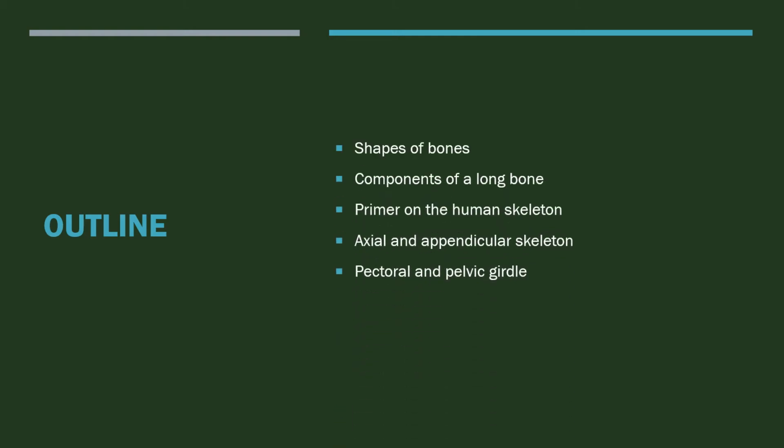We will talk about the shapes of the bones, the various components of a long bone. I will also show you a primer on the human skeleton. We will talk about the two parts of the skeleton, the axial and appendicular skeleton, and we will finish off this lecture by talking about the pectoral and pelvic girdles.